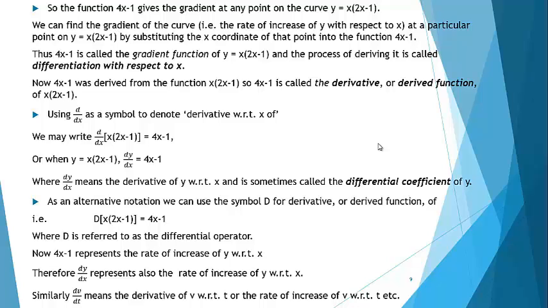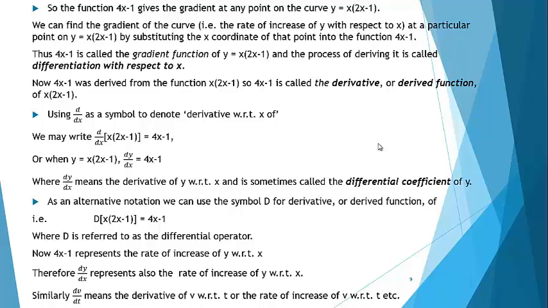Now 4x − 1 represents the rate of increase of y with respect to x. Therefore dy/dx represents also the rate of increase of y with respect to x. Similarly, dv/dt means the derivative of v with respect to t, or the rate of increase of v with respect to t, etc. So dv/dt is used when we deal with the differential equations for velocities.